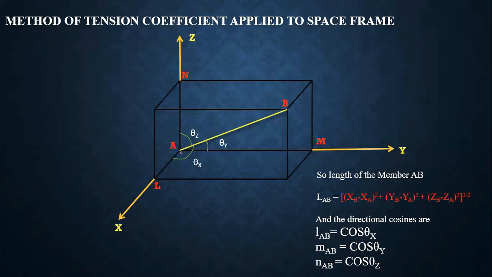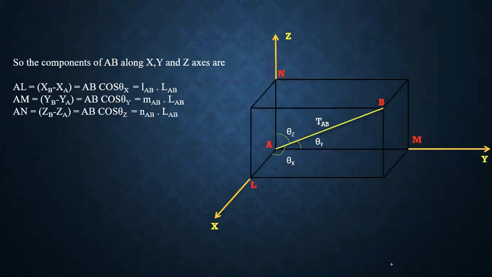LAB, the AB member in the L direction, will be cos theta x; the AB member in the M direction, MAB, is cos theta y; and the AB member in the N direction, NAB, is equal to cos theta z. So the components of AB along the x, y, and z axes are: AL equal to XB minus XA, because AL is only in the x direction.